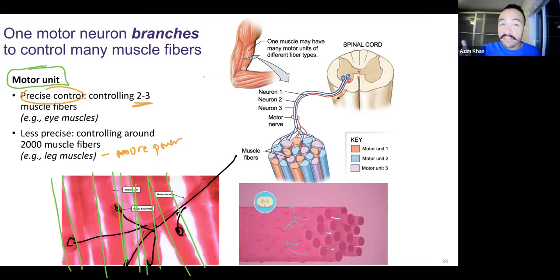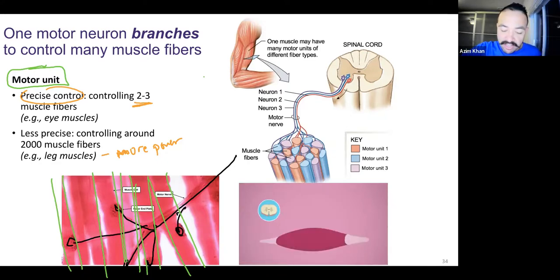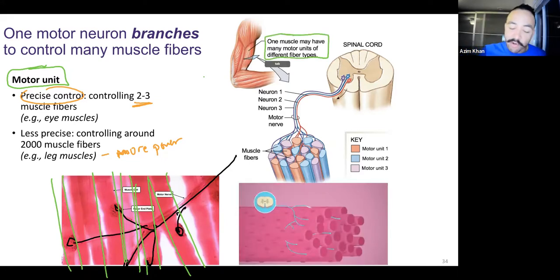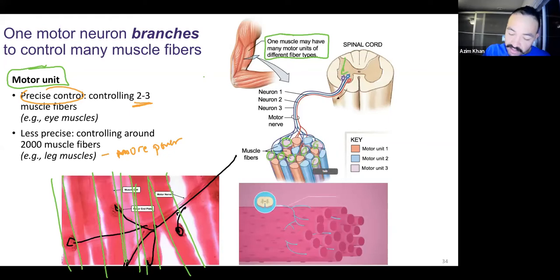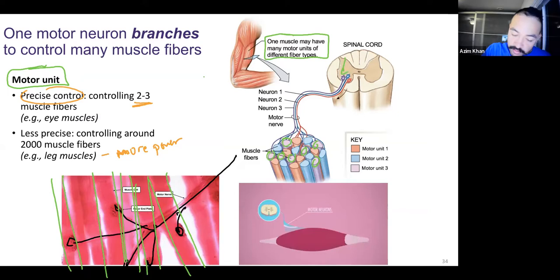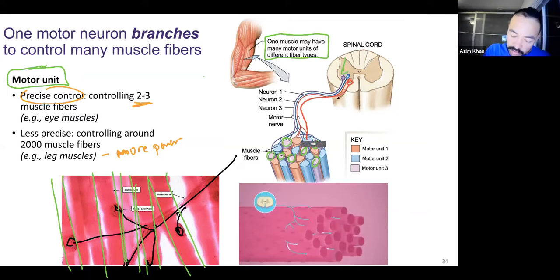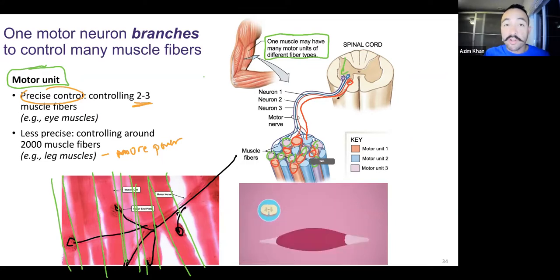When you see this in your muscles, it's pretty much always true that one muscle will have motor units of different types. So you'll have this purple one controlling 1, 2, 3, 4, 5, 6, 7, or this red one controlling 1, 2, 3, 4, 5, 6, and they're controlling different ones.